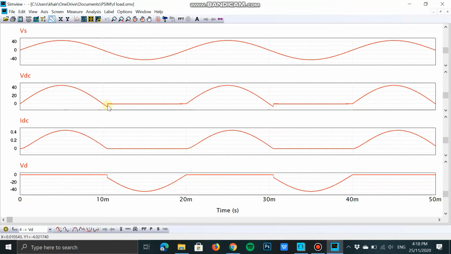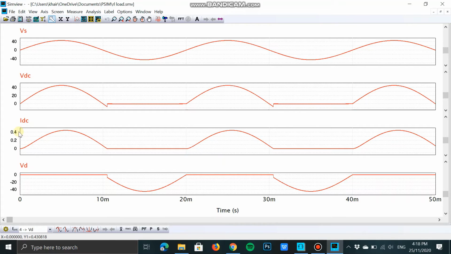So the inductor discharges the current to make it 0. It is just a slight change because the value of the inductor is so small. For the IDC, there are no changes because it is just Ohm's law, V is equal to IR.